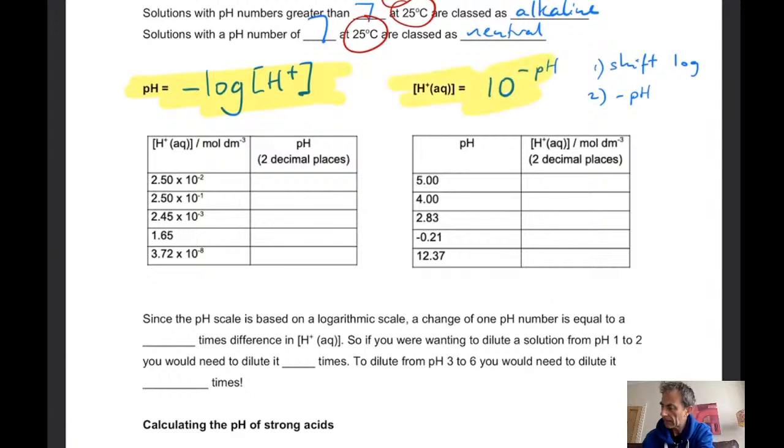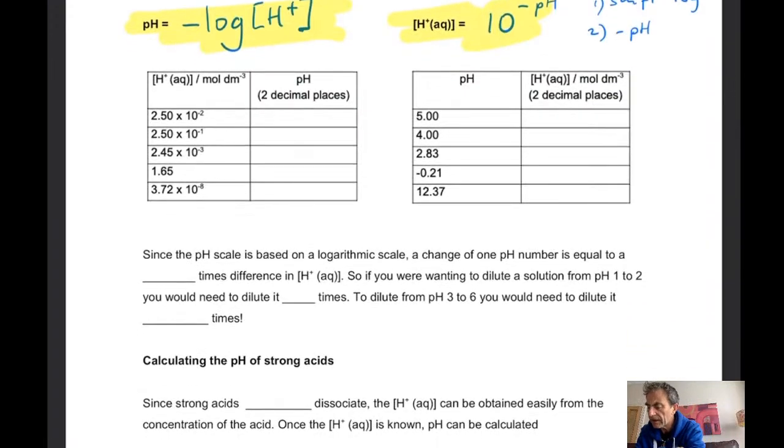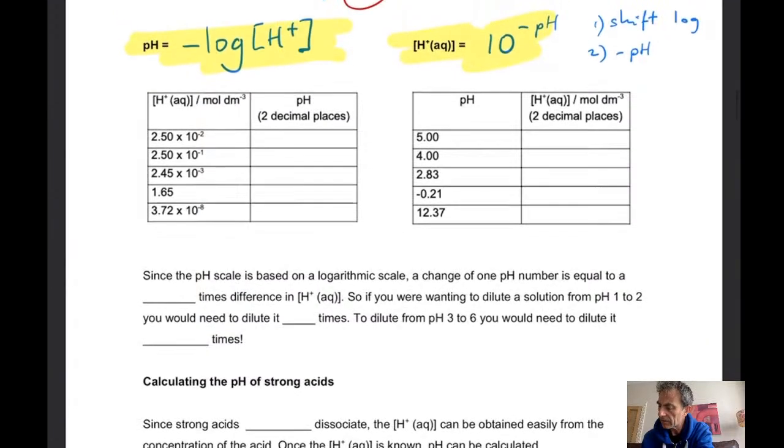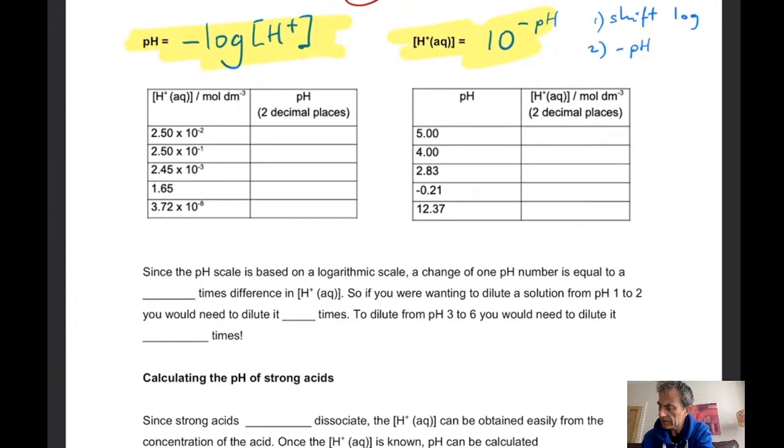So the first exercise is you've got the H plus concentration, and we're going to calculate the pH to 2 decimal places. We're going to use this formula, minus log H plus concentration.